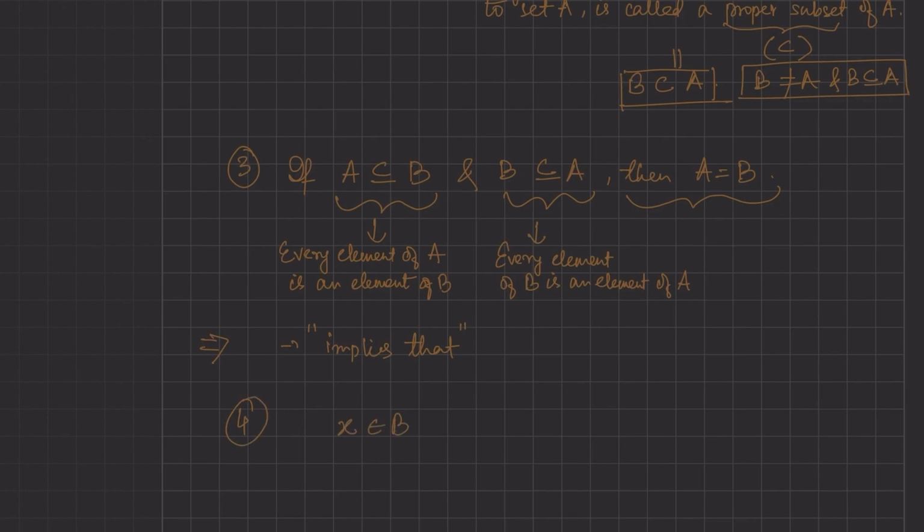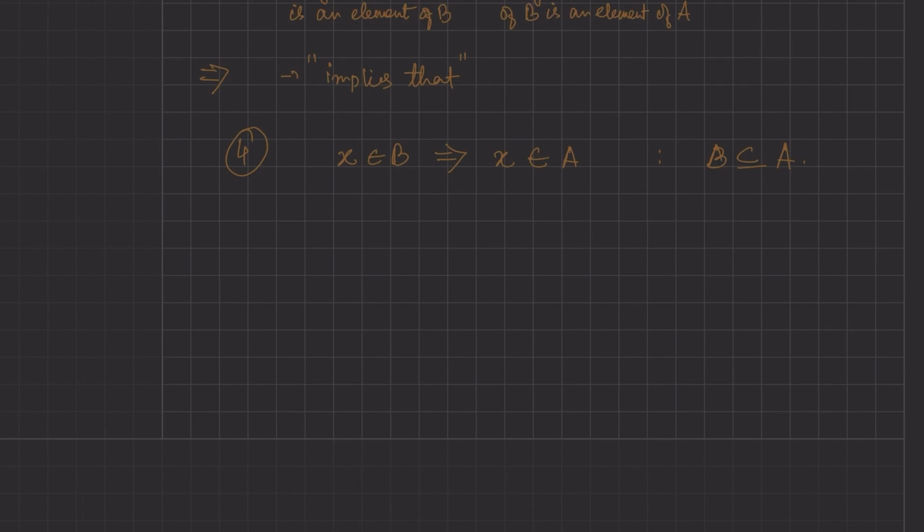Once again, the definition of a subset is every element of set B has to be an element of set A, or in other words, the subset B will have zero, some or all elements of set A, and it won't have any other elements which are not contained in set A.